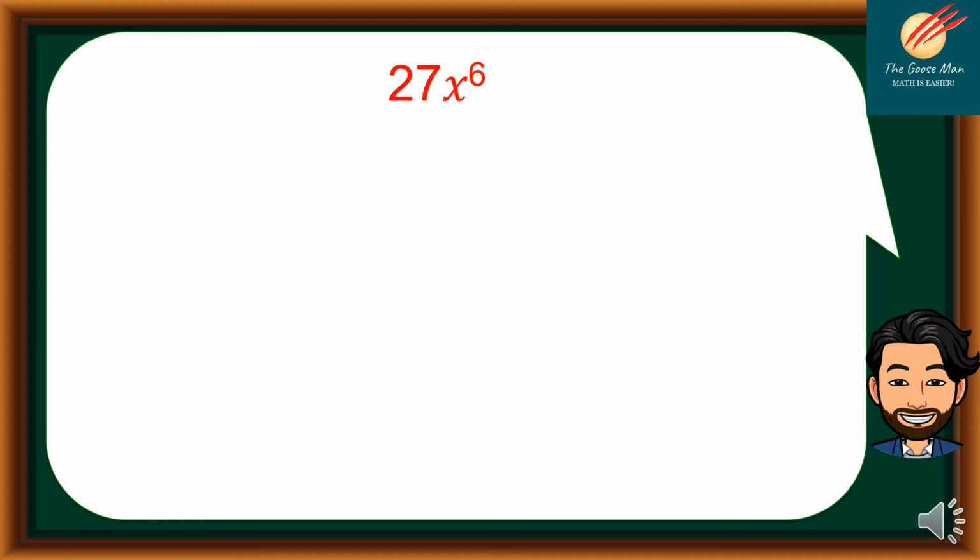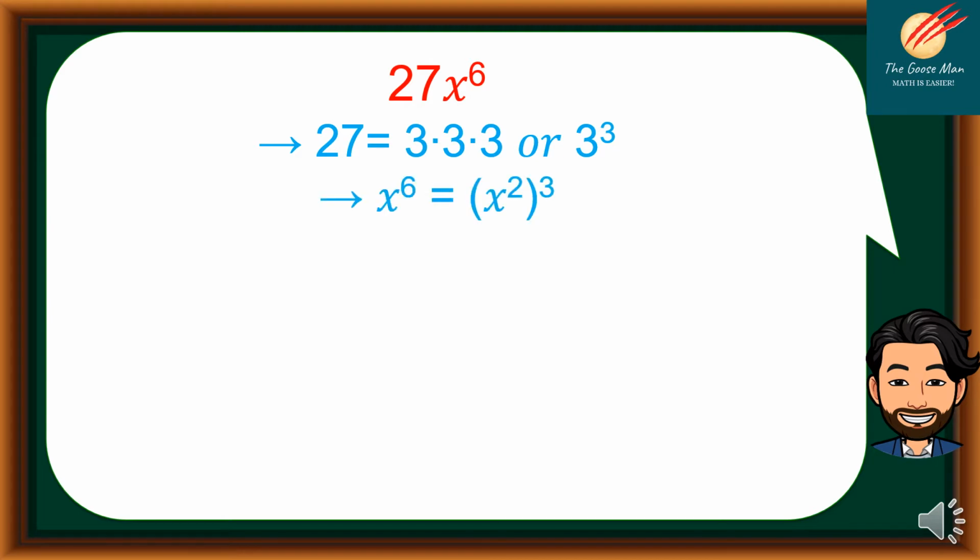The coefficient 27 can be expressed as 3 times 3 times 3, or 3 to the third power. On the other hand, x to the 6th power can be expressed as x squared to the third power.